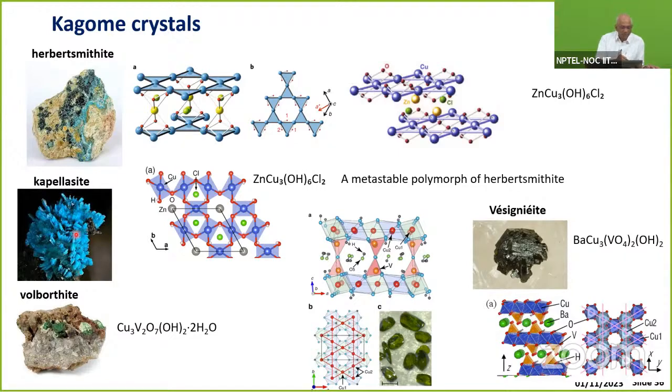Naturally occurring crystals. Then Volborthite, a copper vanadium hydroxyl compound. Then Bayldonite, barium copper hydroxyl group. The common thing in all this is these exotic triangular structures, the triangular lattice.